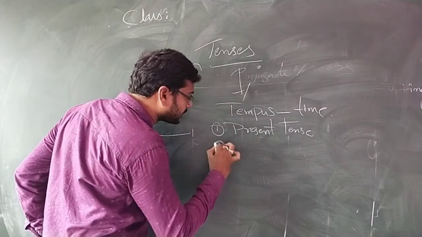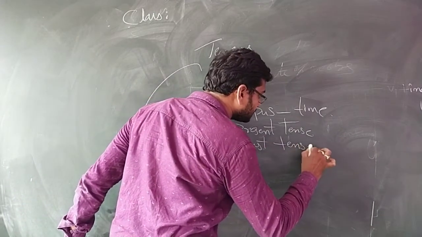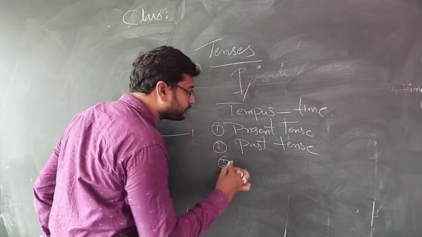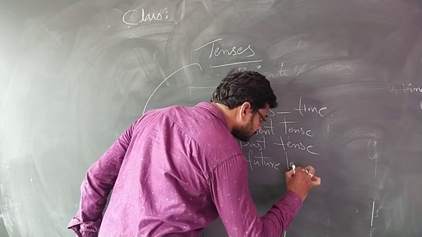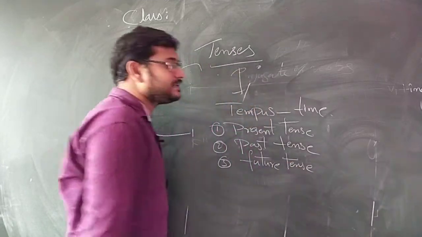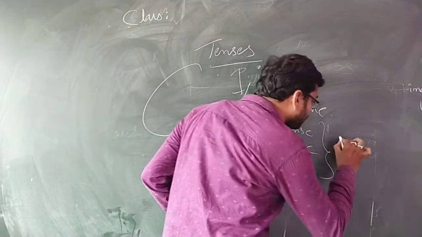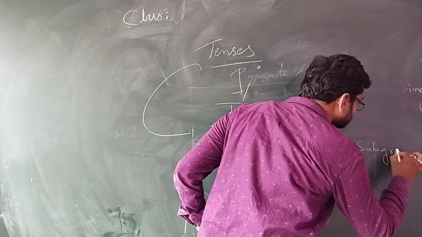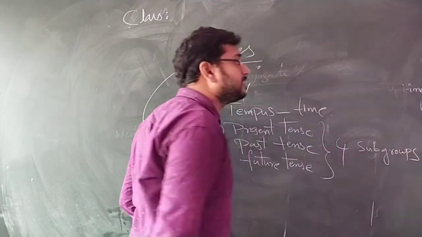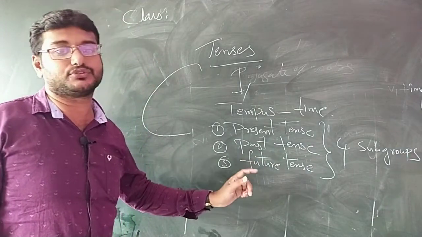Second one, past tense. Third one, future tense. Again these three tenses are divided into four subgroups. It means in the present we have 4, past 4 and future 4.